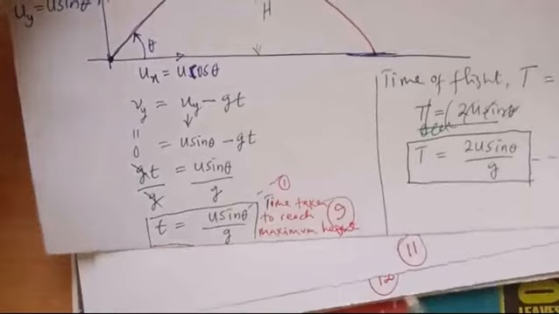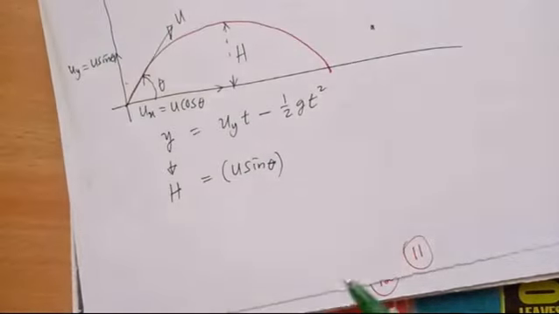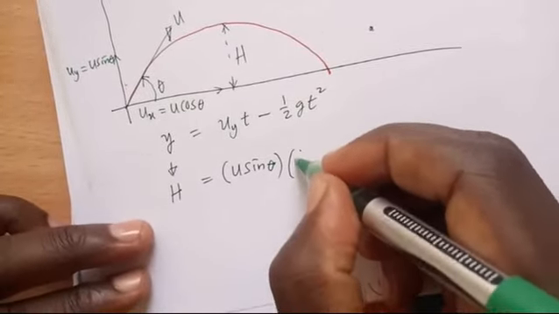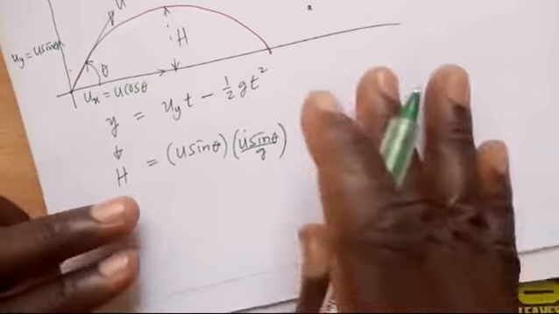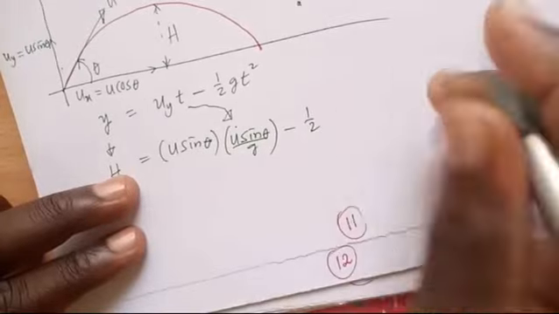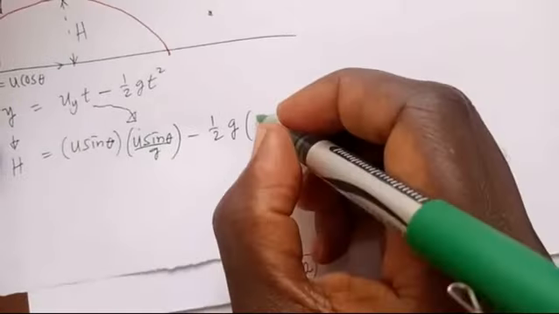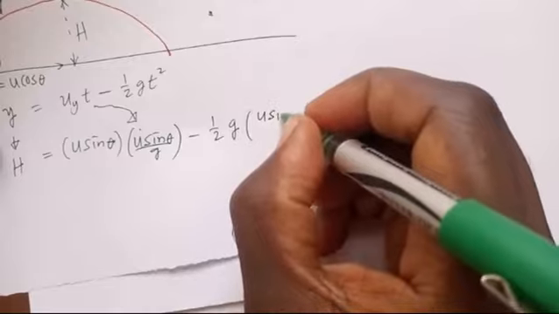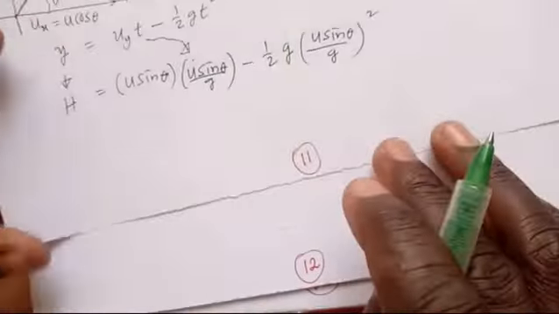We got it here: the time taken to reach the maximum height is u sine theta over g. So you put here u sine theta over g for t. Then minus half g. Again, this t is the time taken to reach the maximum height, so again u sine theta divided by g, and this time is squared, so we square this one. Now you simplify the expression on the right hand side.